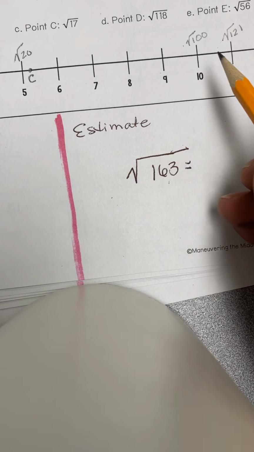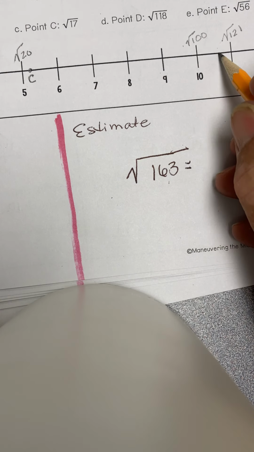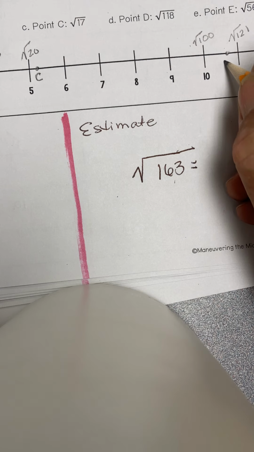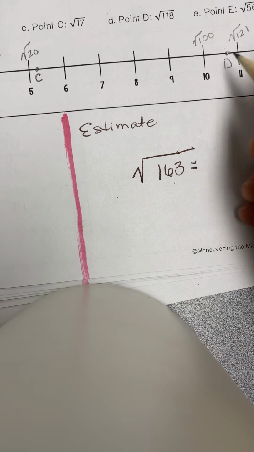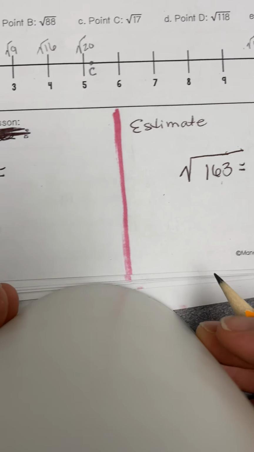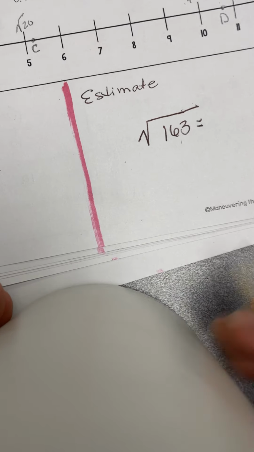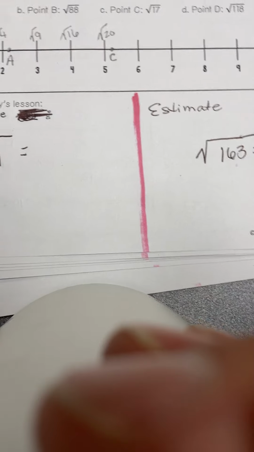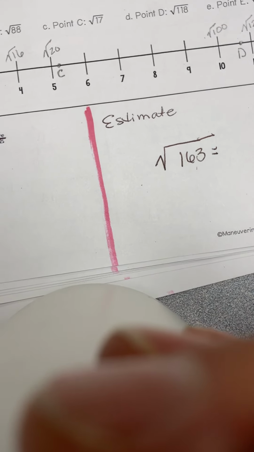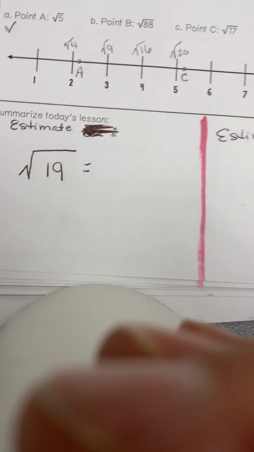The square root of 118 is in between here. It's going to be over here pretty close to 121. So my letter D, point D, is right there. Now, you have to do what's left. I did A, C, and D. That leaves you with B, 0.88, and E, which is square root of 56.